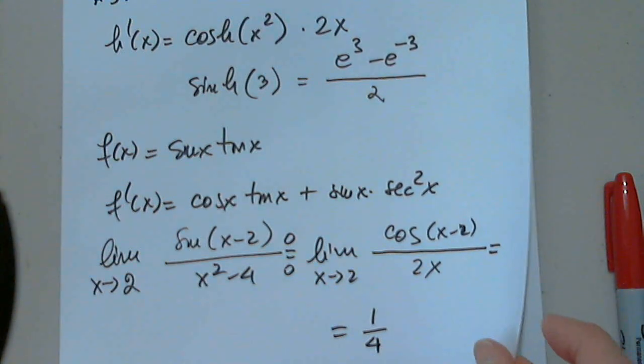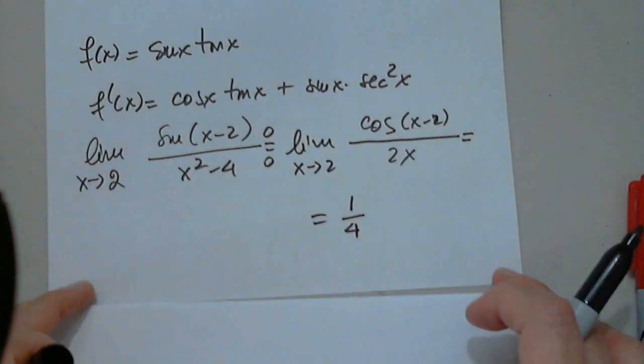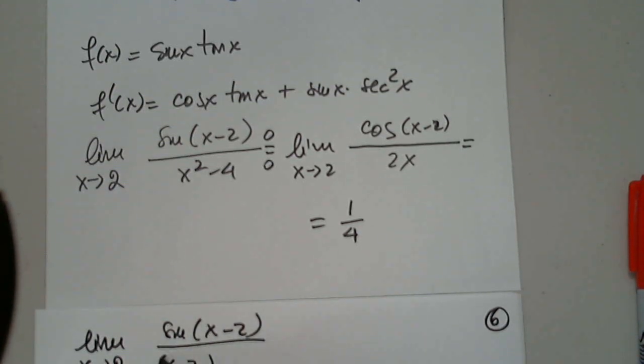Another option, if you don't want to use L'Hopital's rule, would be the limit as x approaches 2 of sine of x minus 2 over x minus 2 times x plus 2.